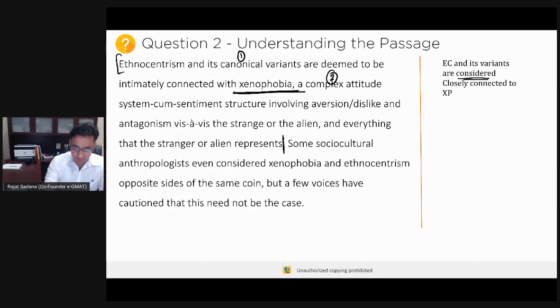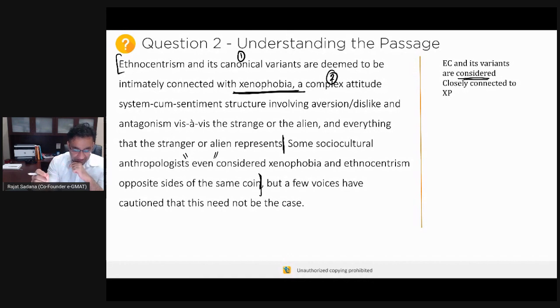Some sociocultural anthropologists even considered XP and EC to be opposite sides of the same coin. Can someone tell me what's the purpose of this word even over here? What's the reason why the author is using the word even? Why did the author use the word even over here?